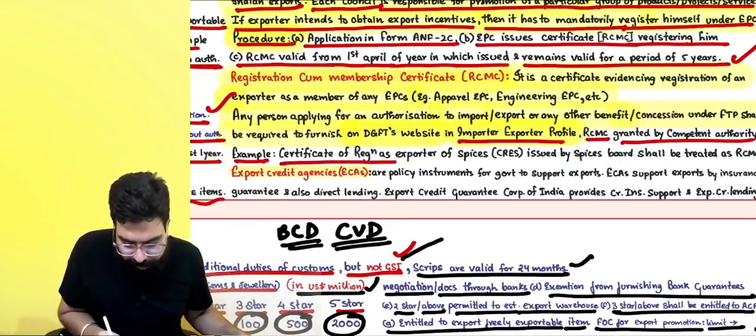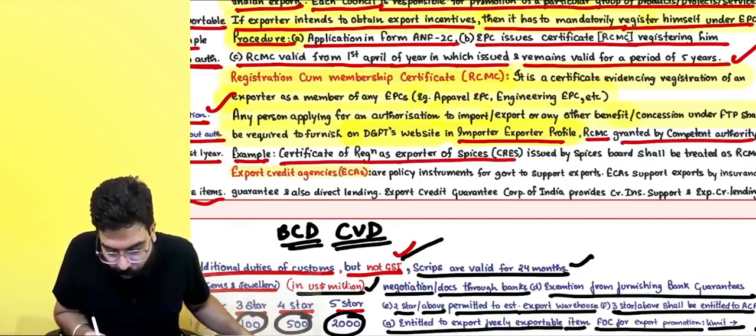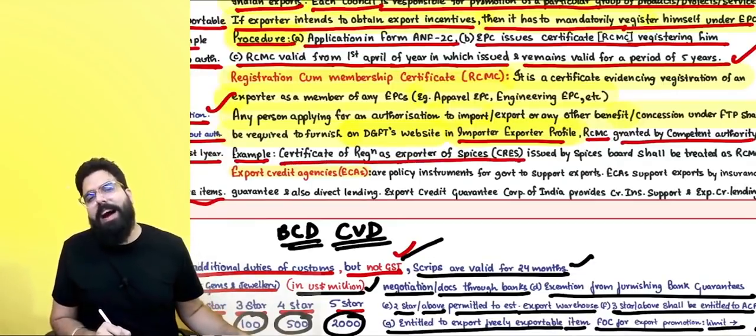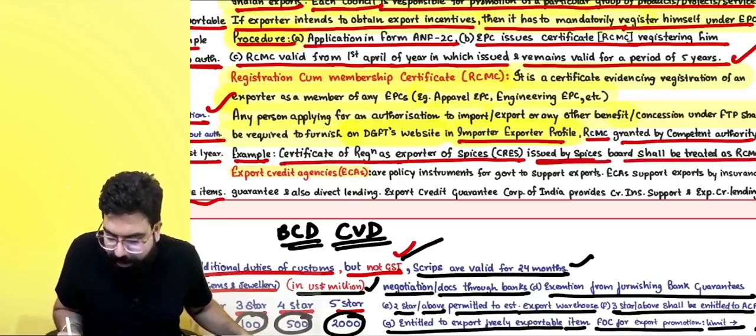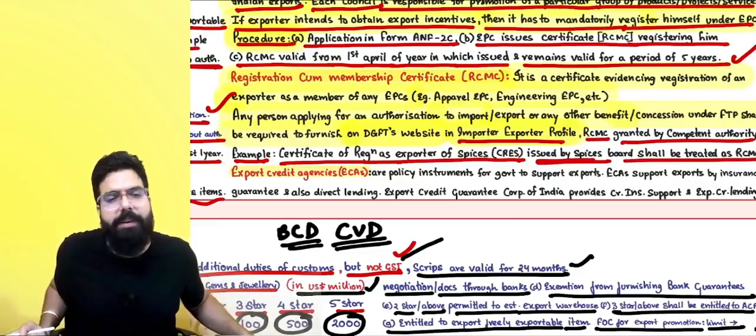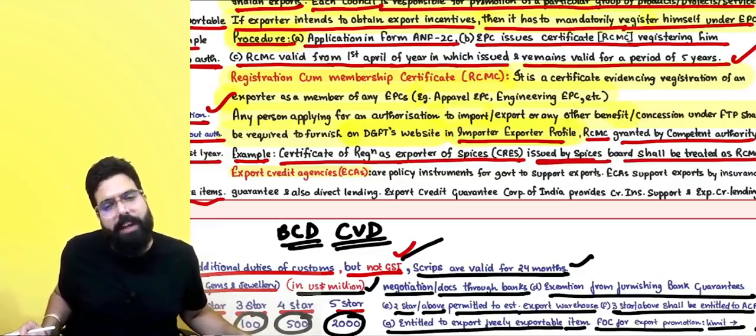Example, certificate of registration as exporter of spices, CRES, issued by the Spices Board shall be treated as RCMC, which is registration cum membership certificate.